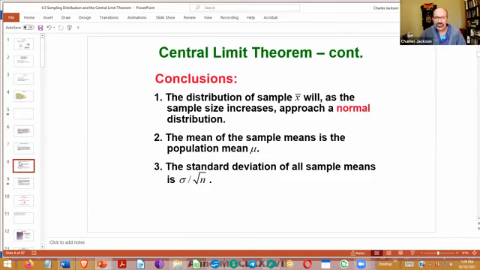Here are the conclusions. The distribution of sample mean X bar will, as the sample size increases, say from 5 to 10 to 20 to 30, approach a normal distribution. The mean of the sample means is the population mean mu. So Rainey, we were trying to say, well, it's going up, it's going down.